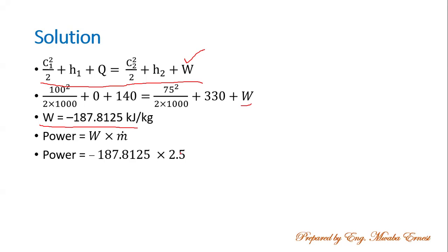Whichever version of calculator you're using, when you enter these, you should have negative 469.53125. Here, I still encourage that for the final answer, you can maintain 2 decimals, but I just wanted to be a bit more generous, should anyone want to use this number elsewhere, it will be safe. But for numbers where you need to use them somewhere else, I always recommend you maintain minimum 3 decimals. Okay, so that's our answer there.